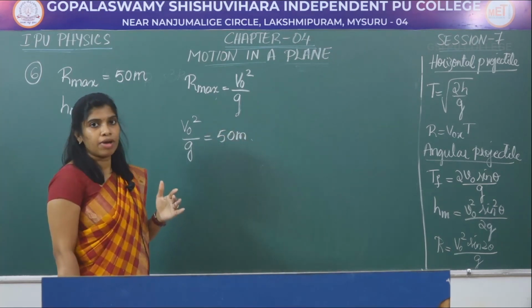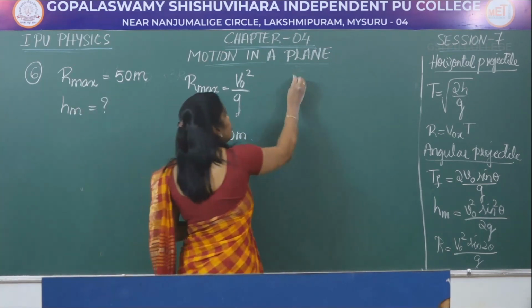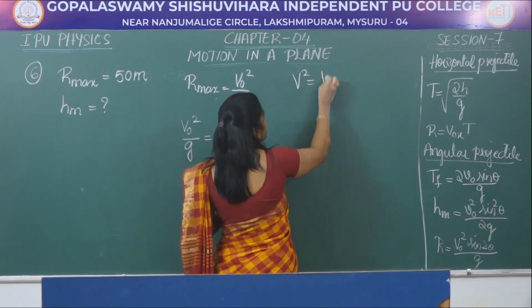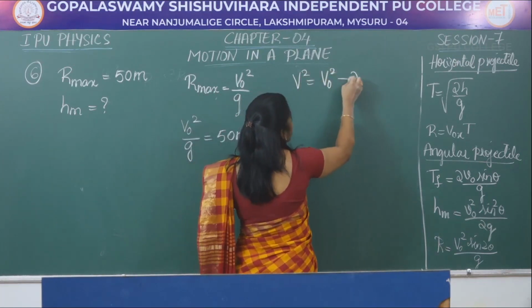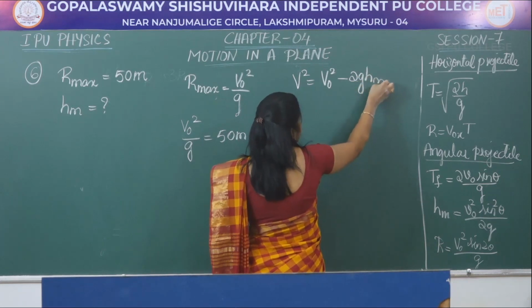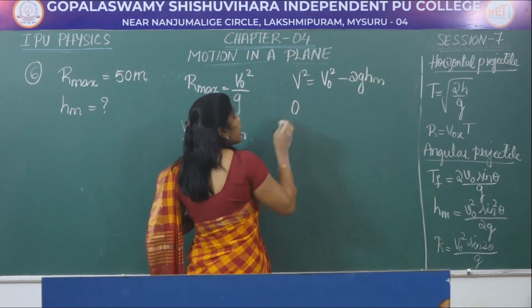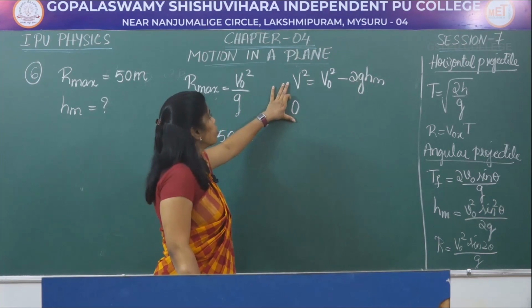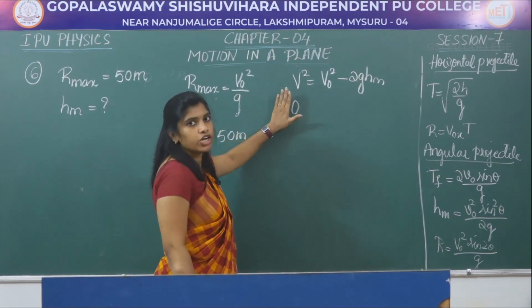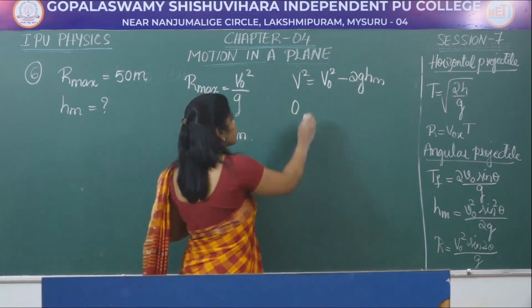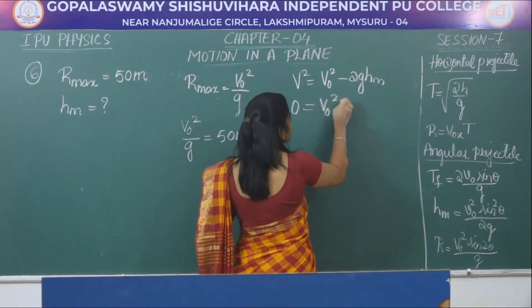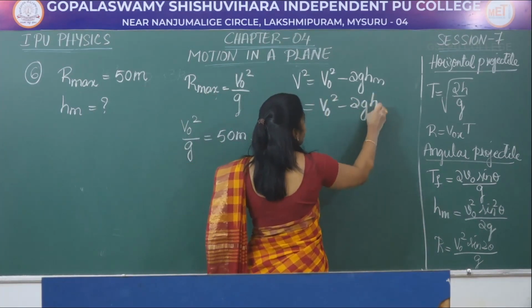To find the maximum height, let us use the formula V square is equal to V naught square minus 2gHM. Now at the highest point, the final velocity is taken to be 0. Therefore this will be 0 equal to V naught square minus 2gHM.